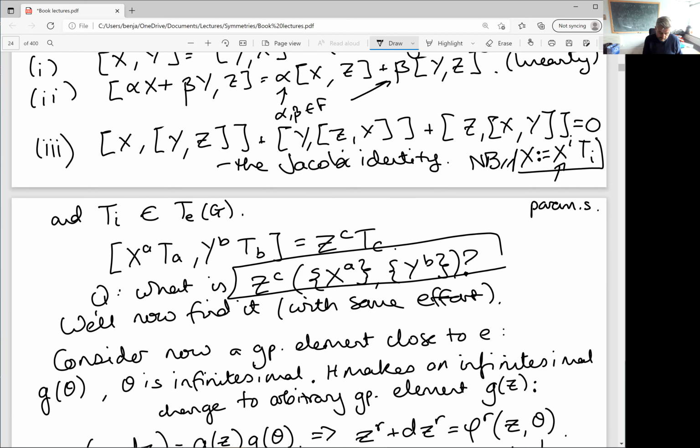So what are the coordinates of the Lie algebra in terms of the initial ones? Then next time we're going to look more closely at the relationship between the Lie group and the Lie algebra. Thank you.